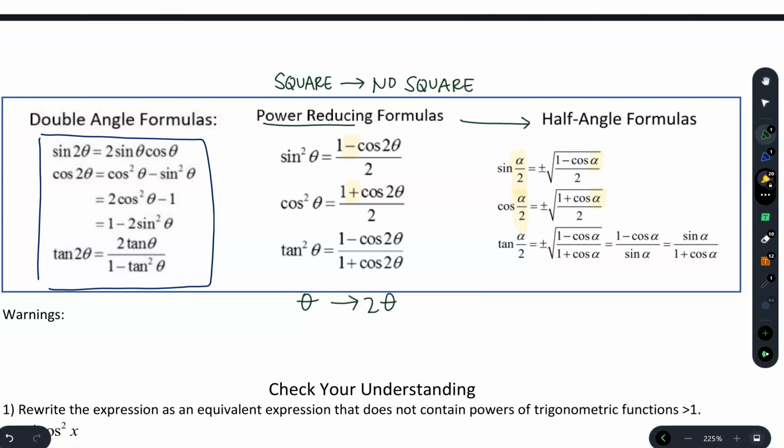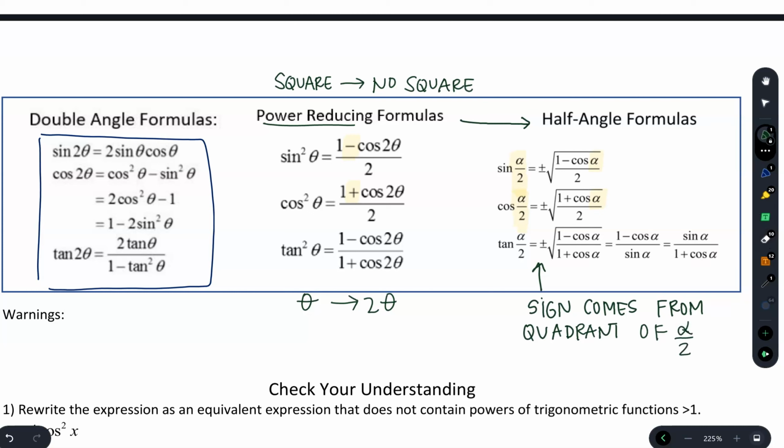Another super important thing here is the sign that you choose outside of here. The sign comes from the quadrant of your alpha over 2.